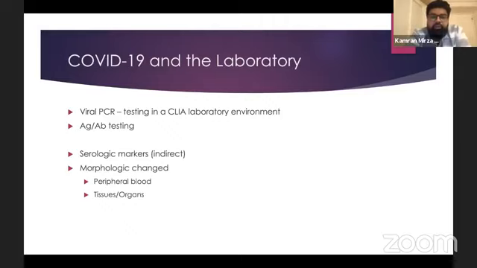So when you think of the laboratory and COVID-19, naturally, you obviously will consider viral PCR, right? And so I won't be talking about the antigen and antibody testing or the viral PCR, but suffice it to say that whenever you're interpreting a test which is from the clinical lab, every single test has its sensitivity and specificity, and the people in your laboratories, like if for example you're doing a saliva based test or if you're doing a nasopharyngeal swab, the testing in your lab has actually been validated for that one particular sample, right?